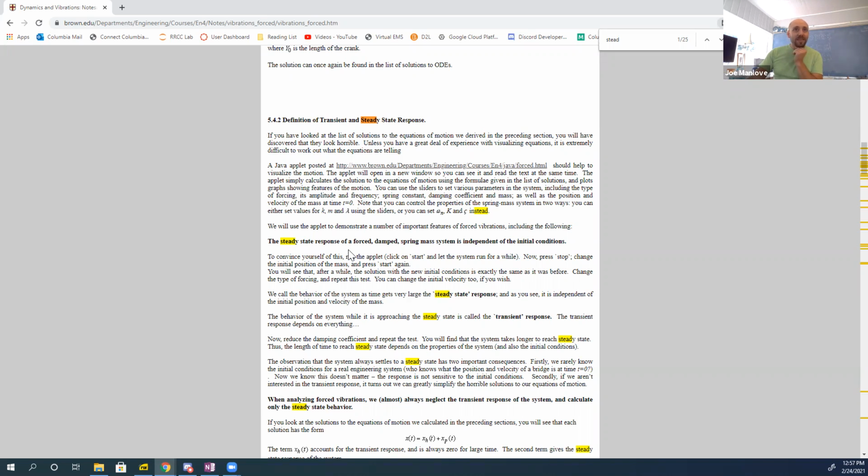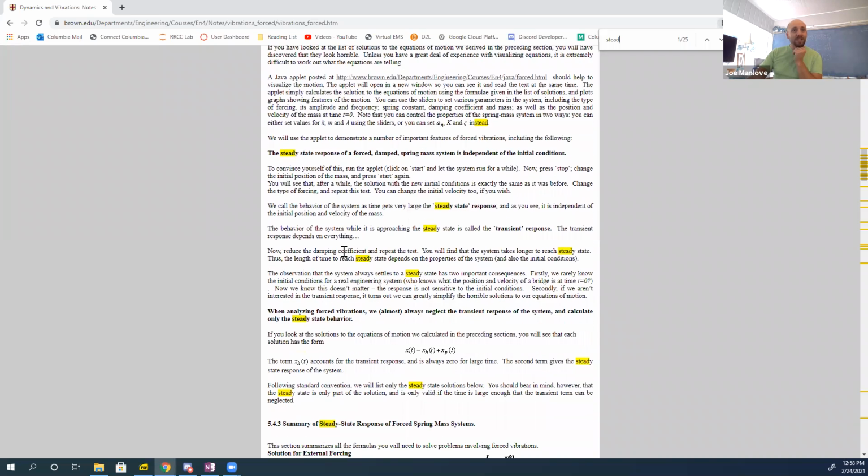The steady state response is... okay. What is it? The second term gives the steady state response.